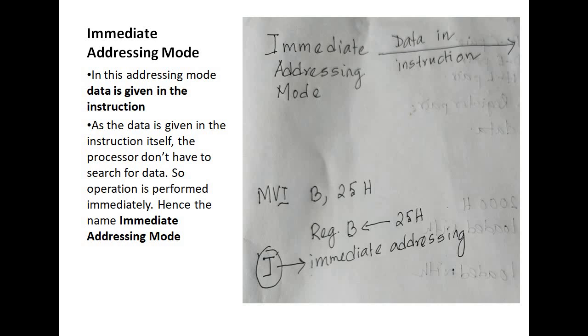In this addressing mode, data is given in the instruction itself. Whatever data you want to operate on, you give in the instruction itself. You know there are 3 processes in any instruction: fetch, decode, and execute, right?